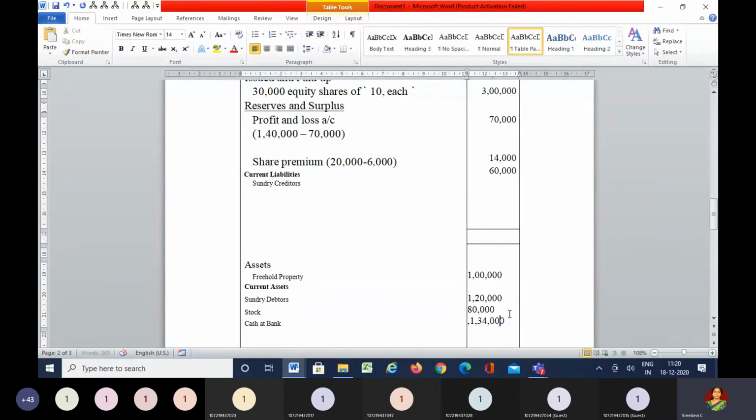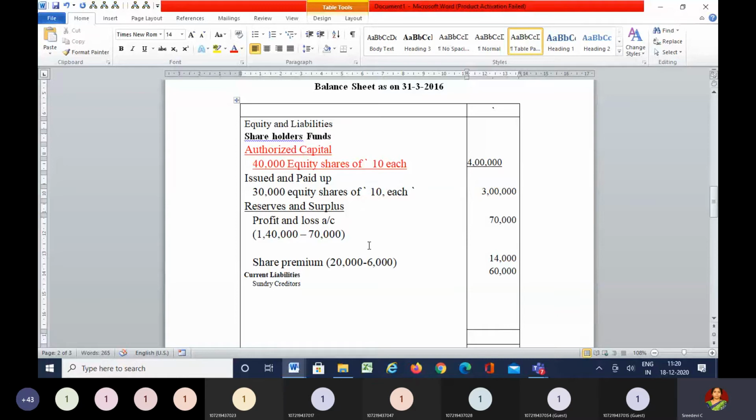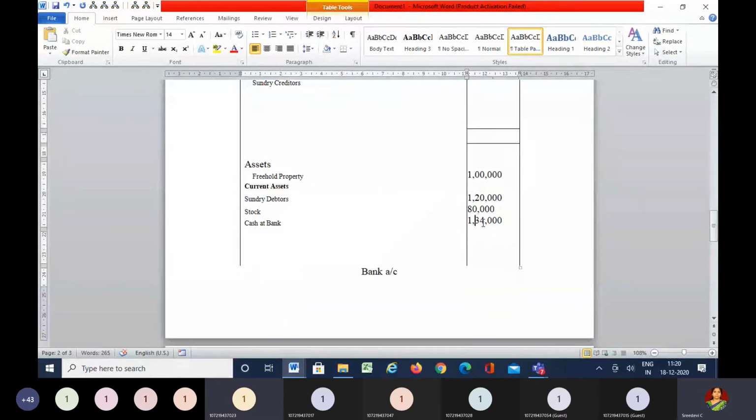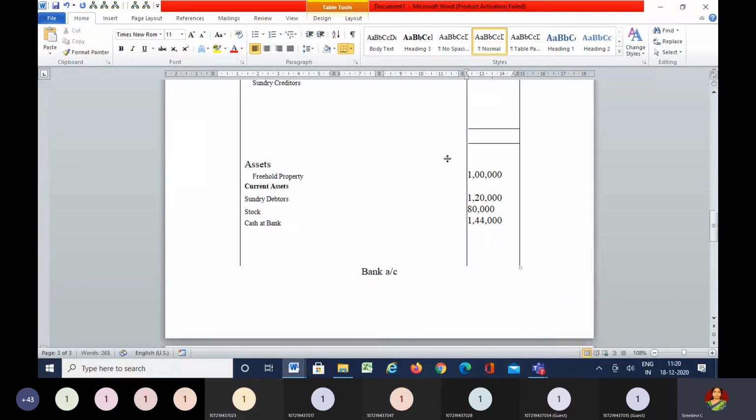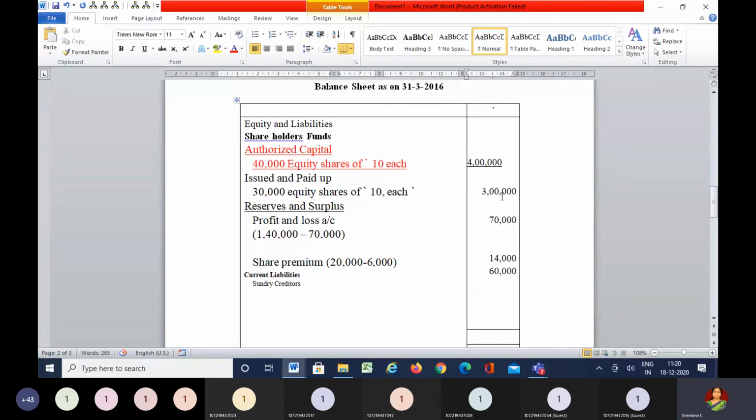Now come on, do the totals of the liabilities. 1,44,000. Now it is 3 lakhs plus 70,000, plus 14,000, plus 60,000.